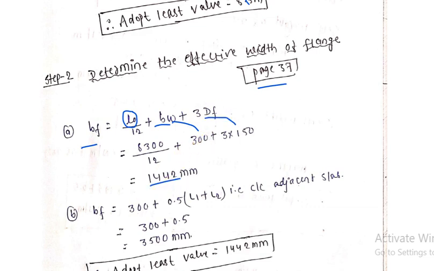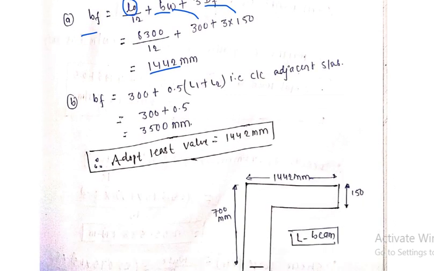The other way to calculate the effective width of flange is 300 plus the adjacent center to center of slabs. So it will be 0.5, right? So 300 plus 0.5. Actually it will not be 300, my dear friends.